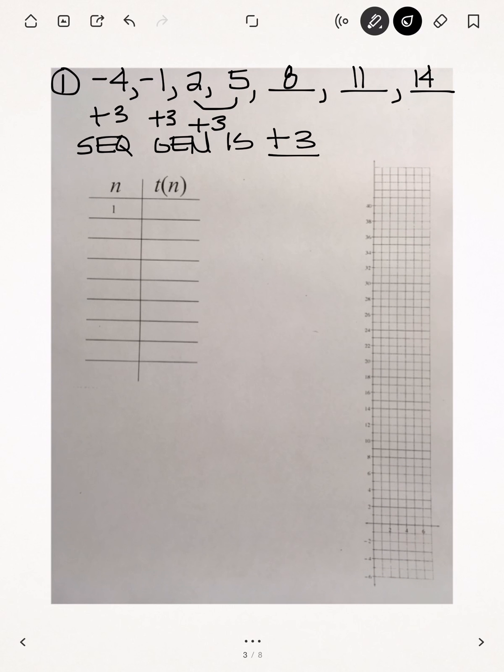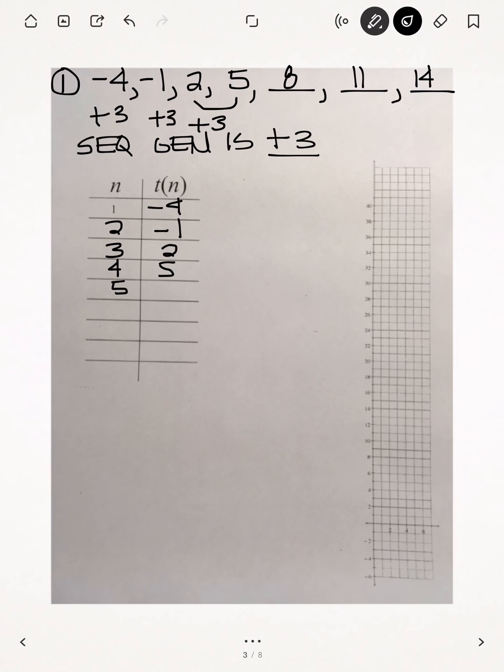So, one thing that you guys need to remember is that a sequence will always start with the first term. It won't ever have 0 as N at the very beginning. It'll have 1. So if n equals 1, my first term is -4. My second term is -1. My third term is 2. My fourth term is 5.